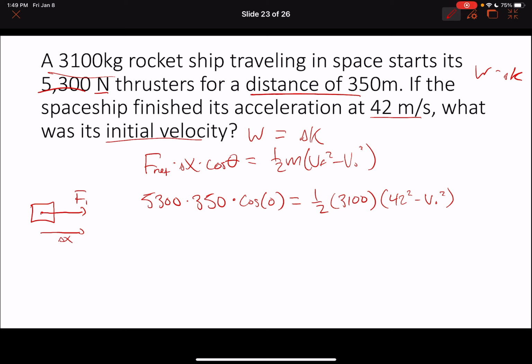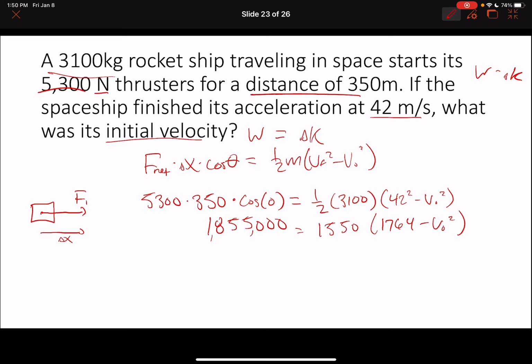Okay, so 5,300 times 350 times cosine of 0 gives me this number. And then 0.5 times 3100 gives me this number. 42 squared gives me 1764.